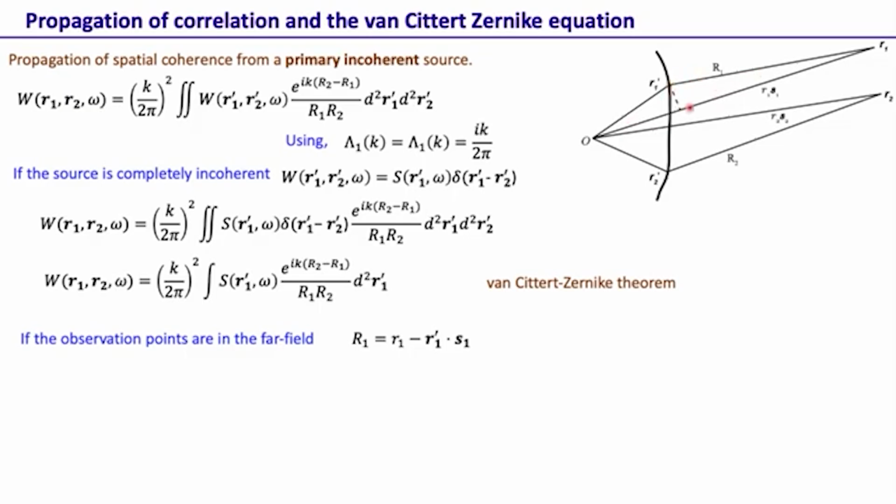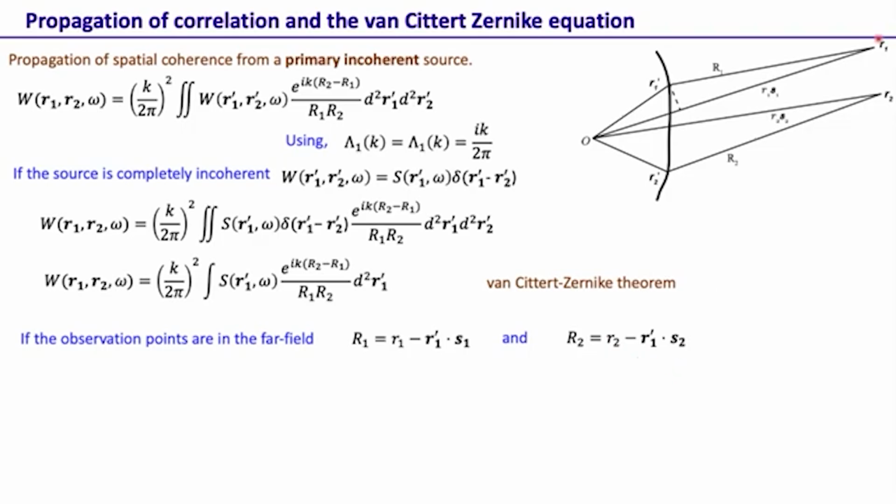So R1 can be approximated by this, which is capital R1 minus this quantity, the projection of r1 prime on this direction, where the unit vector in that direction is S1. So capital R1 is basically small r1 minus r1 prime dot S1. Similarly, R2 is then r2 minus r1 prime dot S2.